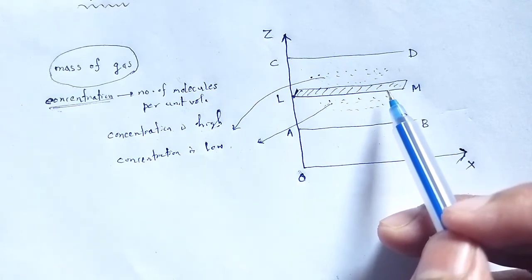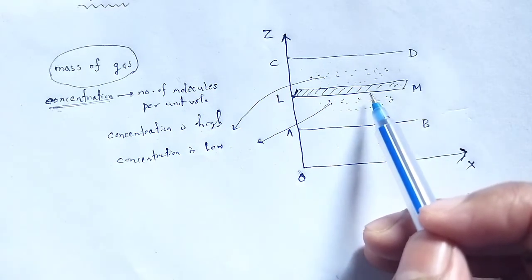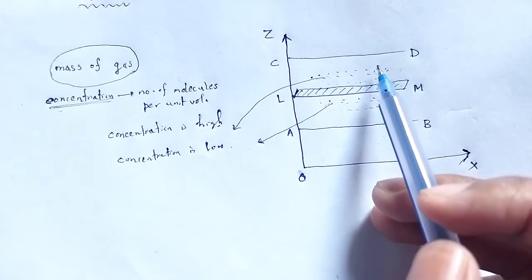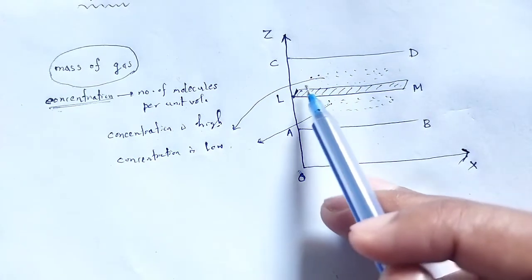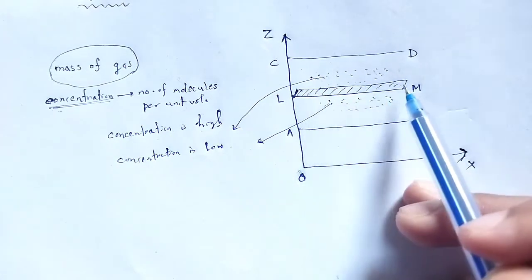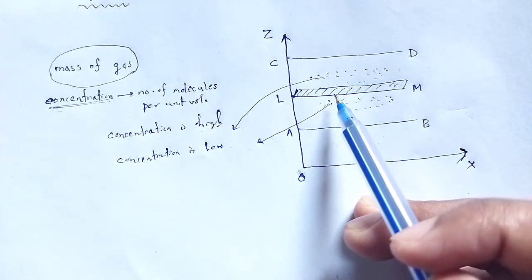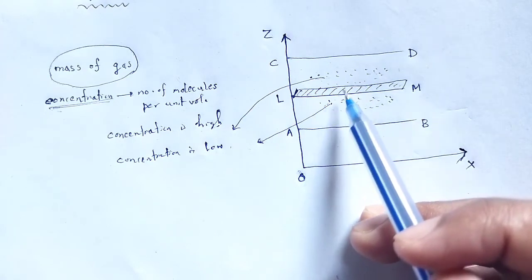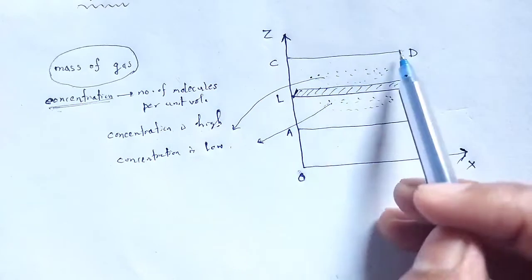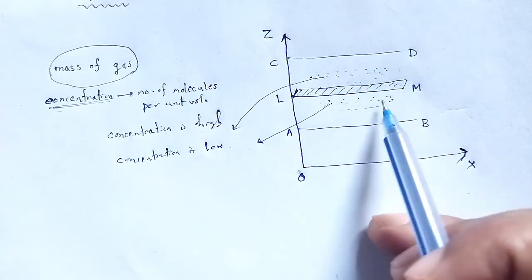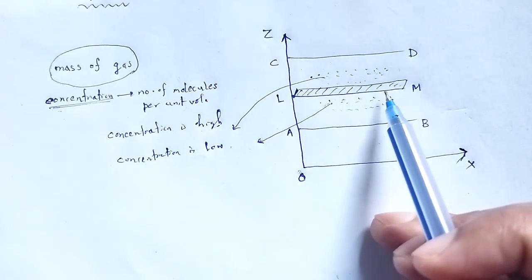In order to bring the equilibrium, the molecules of the gas, due to thermal agitation, will move from the plane CD to AB, crossing the plane LM, until the concentration in every region is the same. The movement occurs from CD to AB through LM until the equilibrium state is achieved.